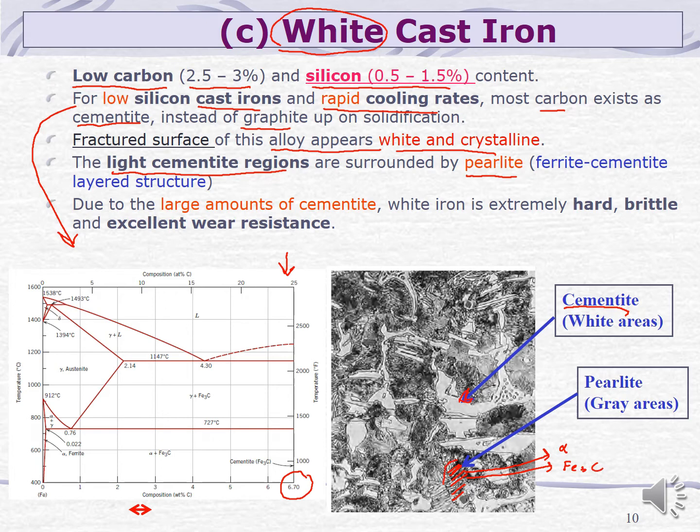This pearlite structure is alternating layers of ferrite and cementite. Due to the large amount of cementite, white iron is extremely hard, brittle, and has excellent wear resistance.